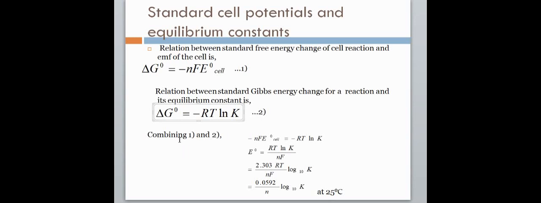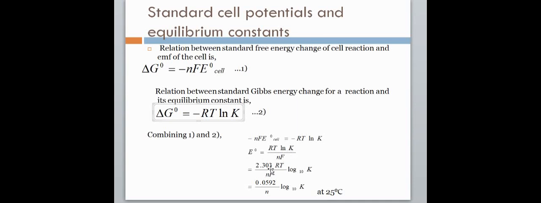So when we combine or equate both these equations, can I write down like this? Minus nFE0 cell is equal to minus RT ln K. Yes, I can. So therefore E0 cell is equal to RT ln K upon nF. Now I can't be keeping natural log all the time. I need to convert that into log to the base 10.